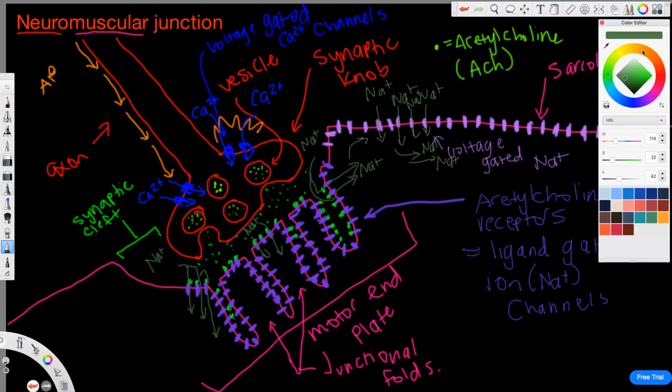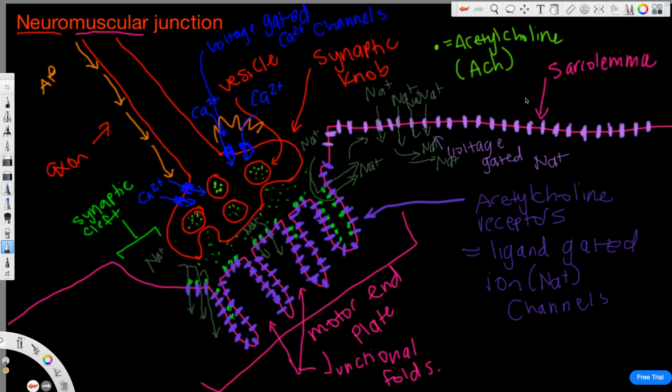So let's go back to our action potential color. So the action potential in the sarcolemma proceeds in this direction, and in this direction is the T-tubule.